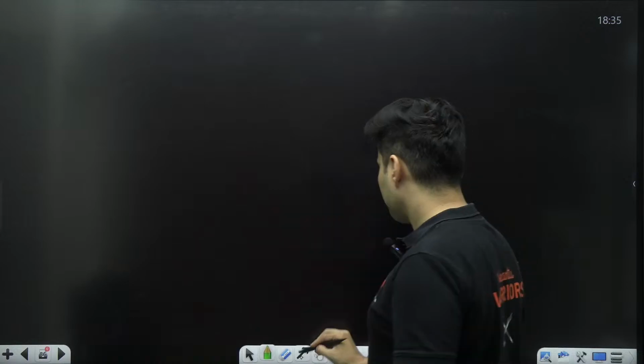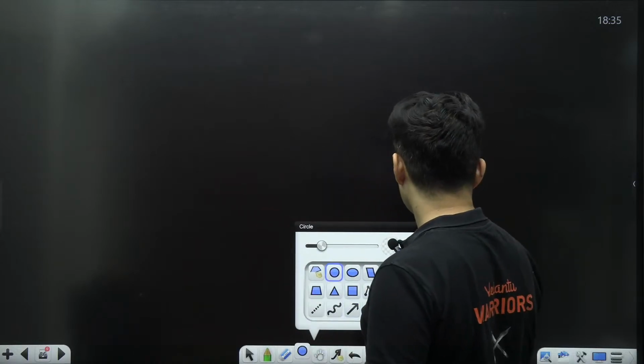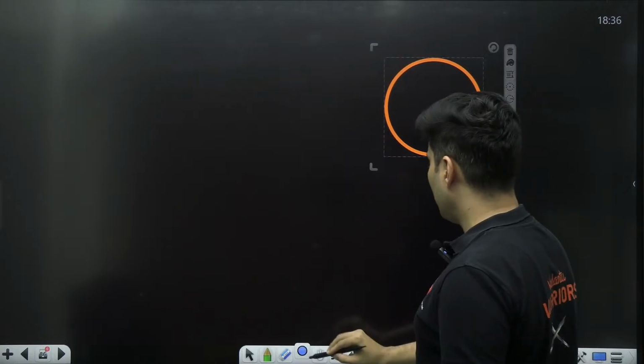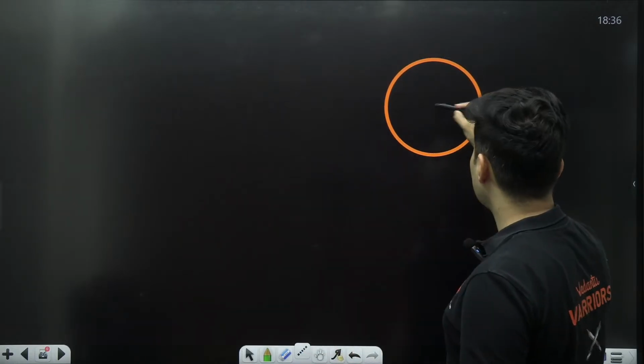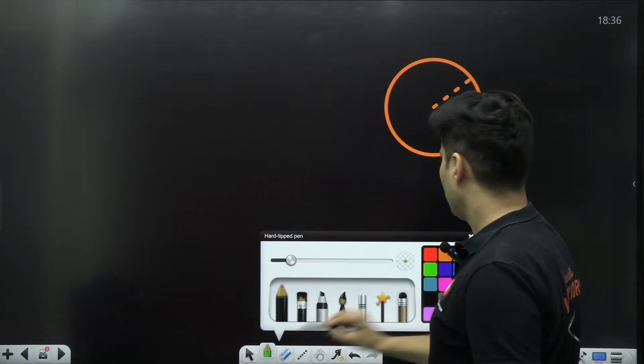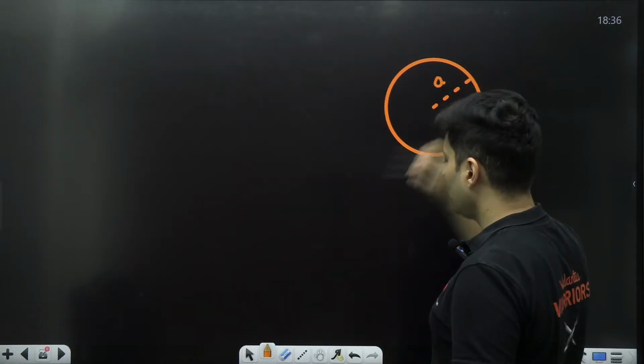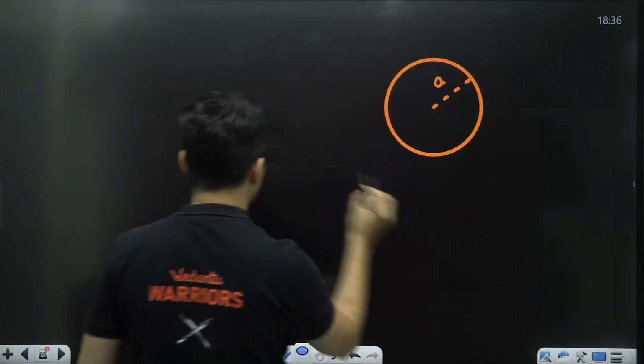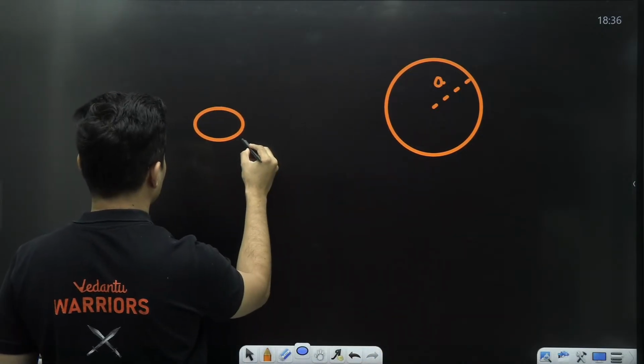See guys, imagine there is a wire like this, and this particular wire has a radius A. So if you look at it in 3 dimensions, it will probably look like this.